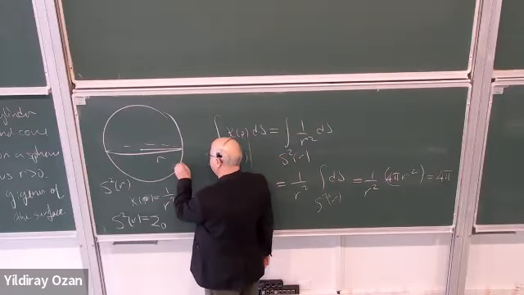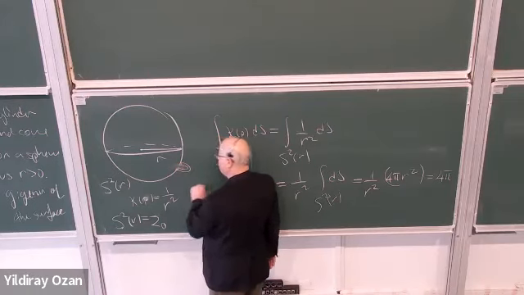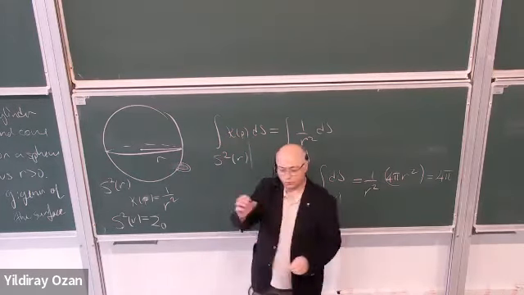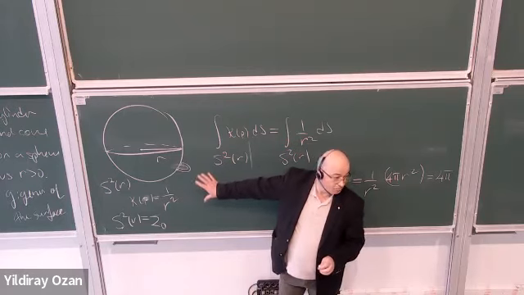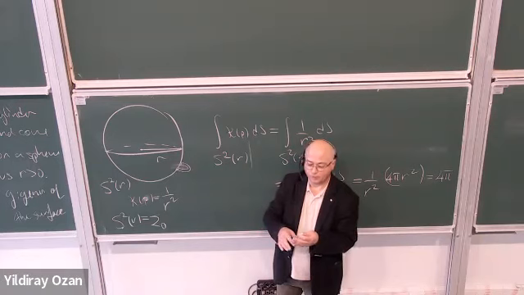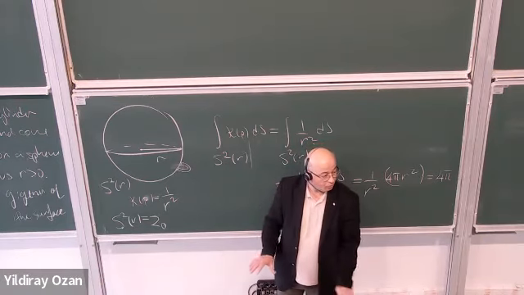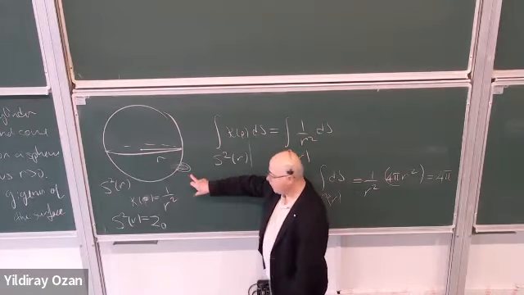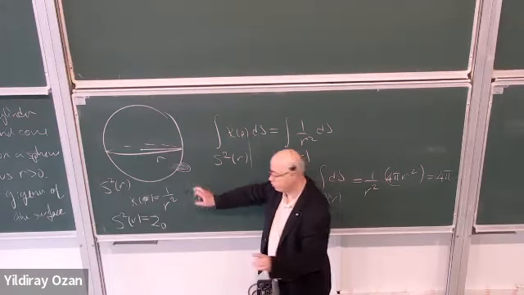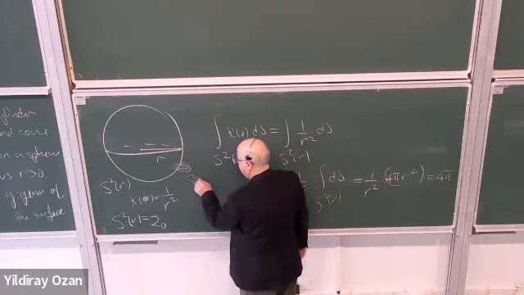What we mean by handle is put something like this, so a handle like this on the Earth. It can be very small, it may have a size of millimeters. Once you do that, your surface topologically becomes a torus. Now this is not a sphere, this is a torus.